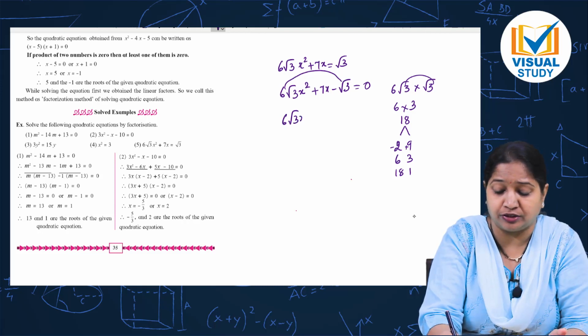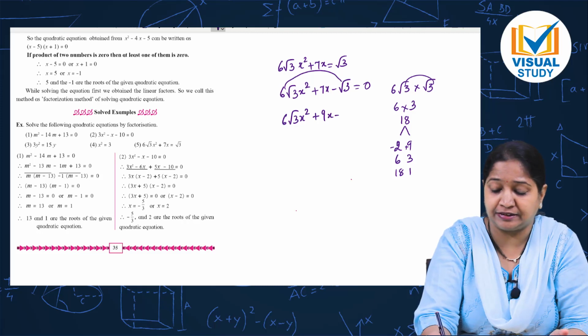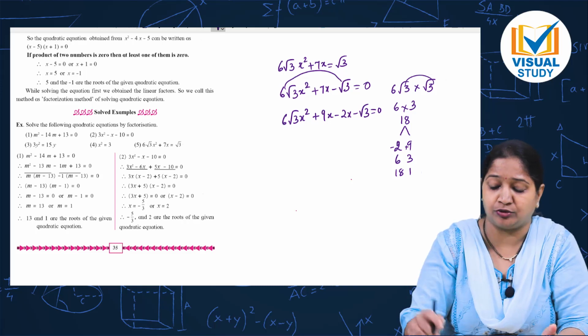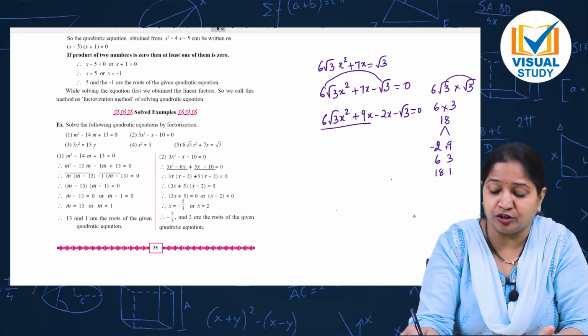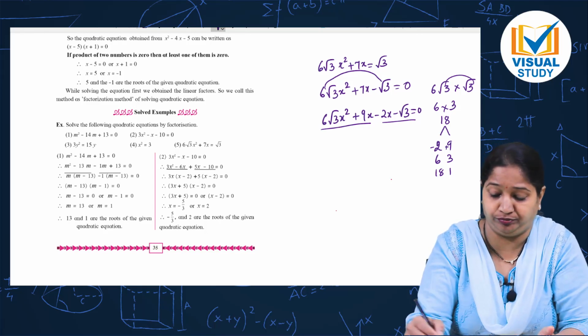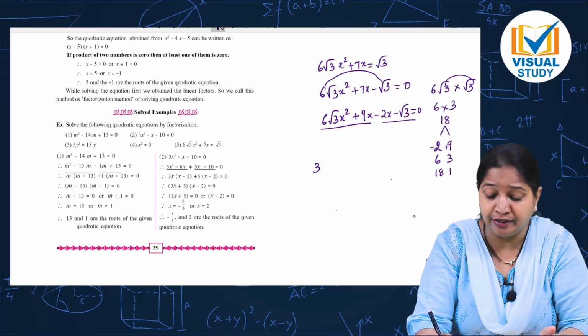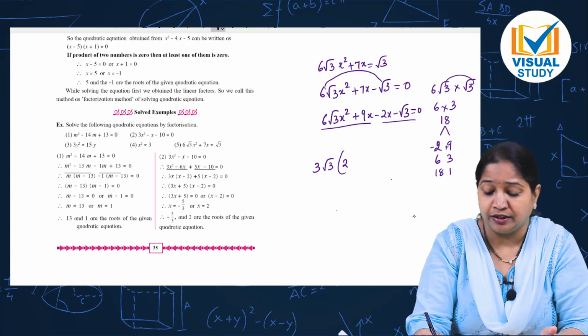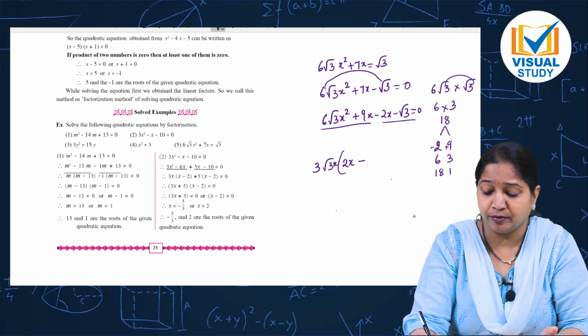So 6 root 3 x square plus 9x minus 2x minus root 3 equal to 0. From this you have to see the factors. Now what is the common factor? Here 3. From 6 and 9 you are going to get 3 and root 3. So here you get 2x plus root 3.